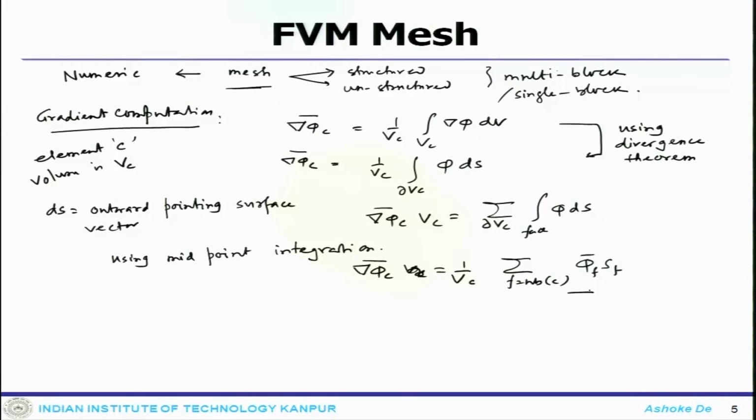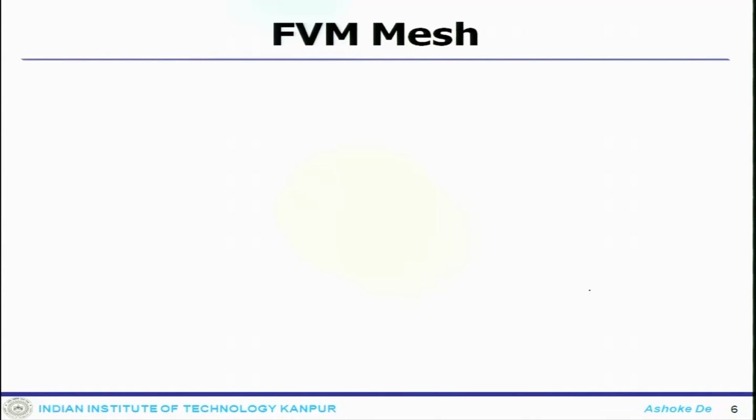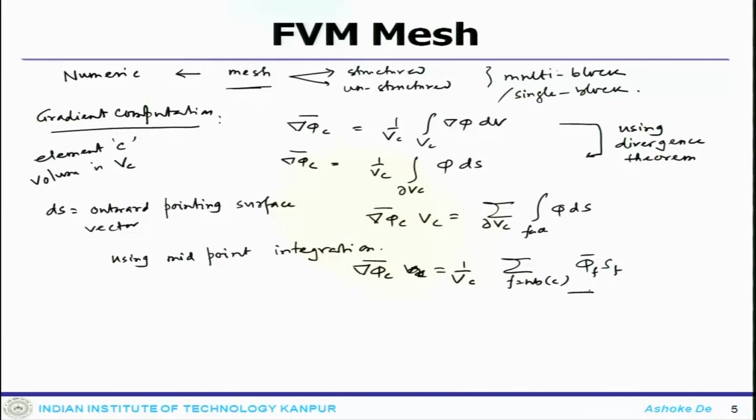So, once you have these element faces, you can actually have a surface like this, and you have an element phi c, here is that element f, and this is the connecting vector. So, here it is phi f, then S f.